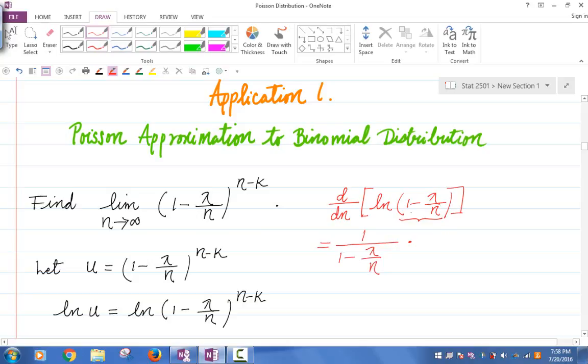The derivative of 1 is 0, and the derivative of negative lambda over n would be lambda over n squared. The reason I say that is you have minus lambda times n to the negative 1. By the power rule you get negative lambda times negative n to the negative 2 as the derivative, and then you get lambda over n squared.